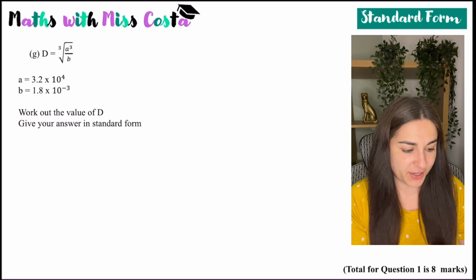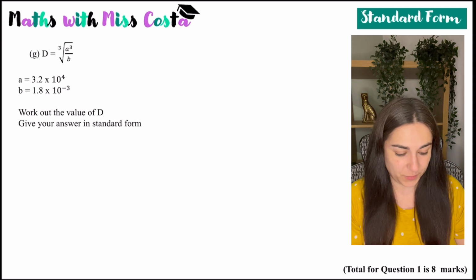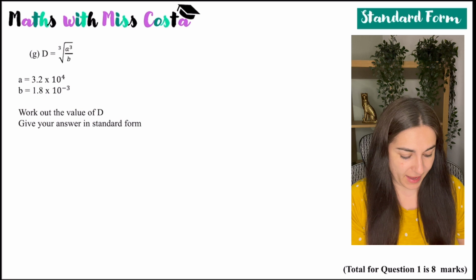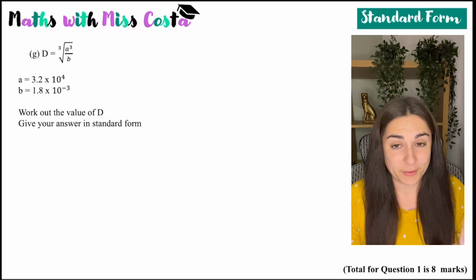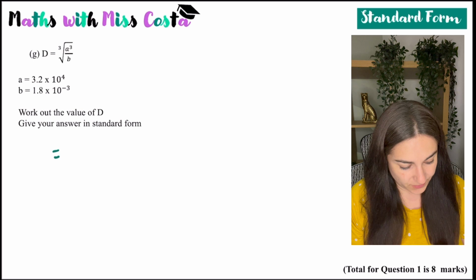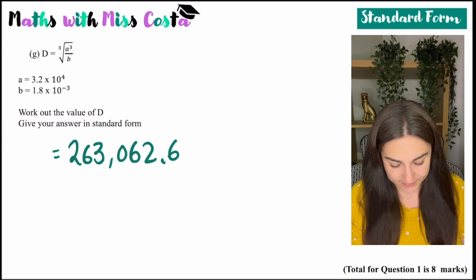So you enter that into your calculator, but you put it in brackets because the whole thing is being cubed. Okay, so the whole thing is being cubed, and then you divide that by 1.8 times 10 to the power of minus 3. Your calculator thankfully works that all out for you, and that would give you 263,062.6213.